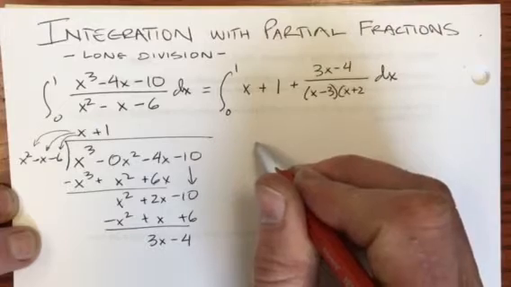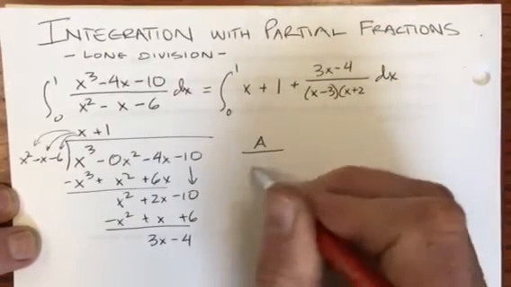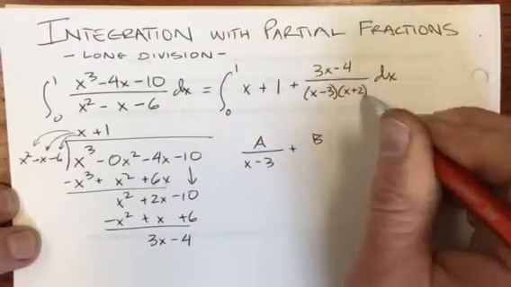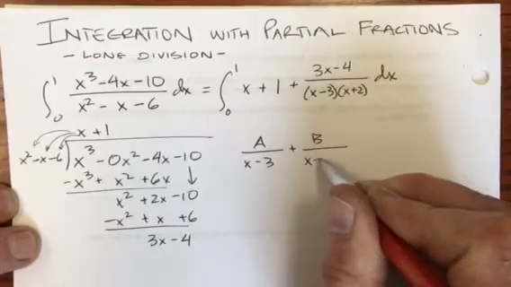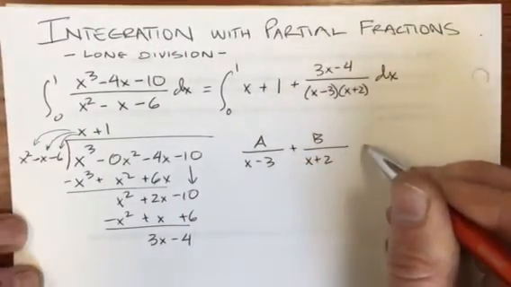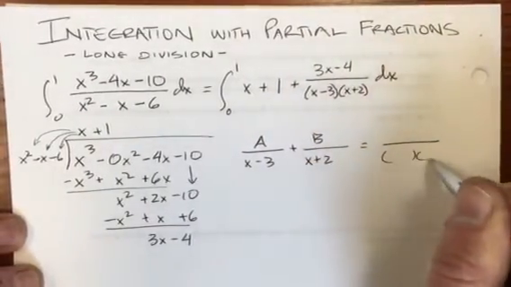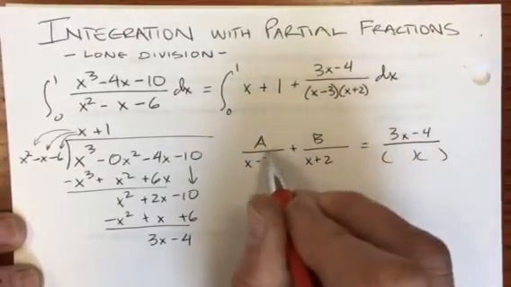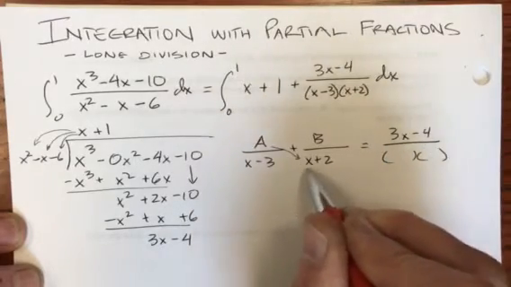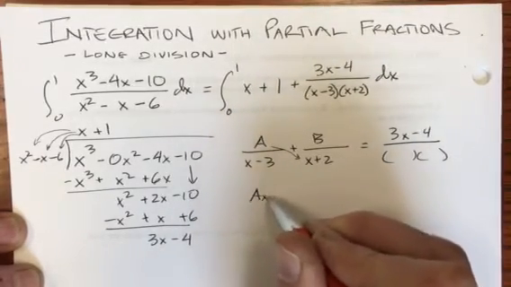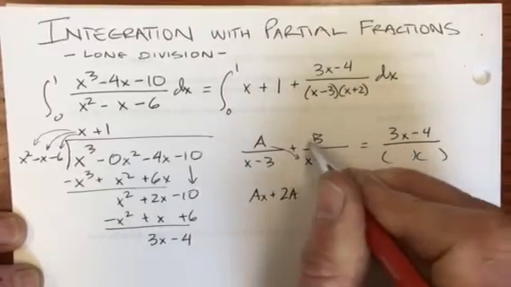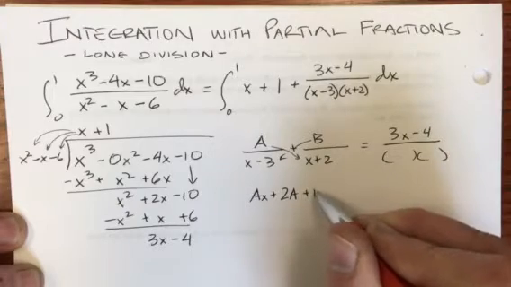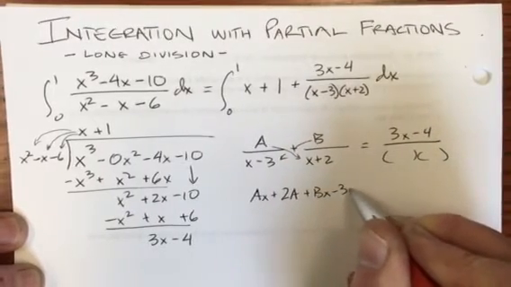So I know that if I have A over the x minus 3, and I'm adding that to B, I forgot the parentheses there, over x plus 2, that I will get these two things multiplied, and it'll be 3x minus 4. All right, so then I'm just going to multiply the A times both of those things down there, and I get Ax plus 2A, and then I multiply the B times each of those down below there, and I get plus Bx minus 3B.